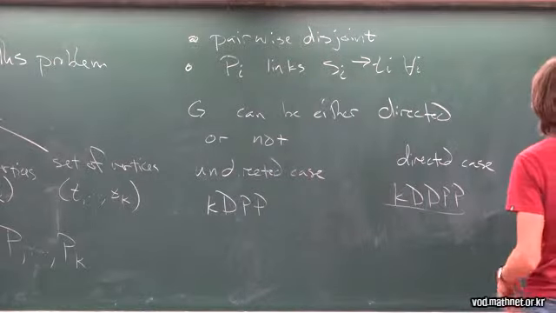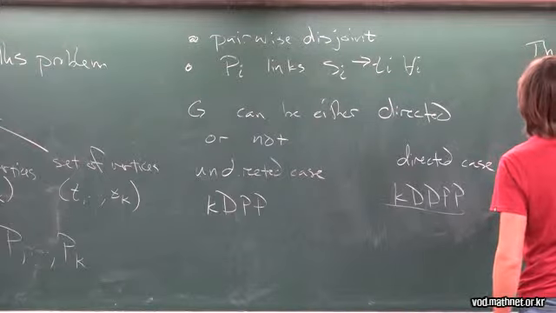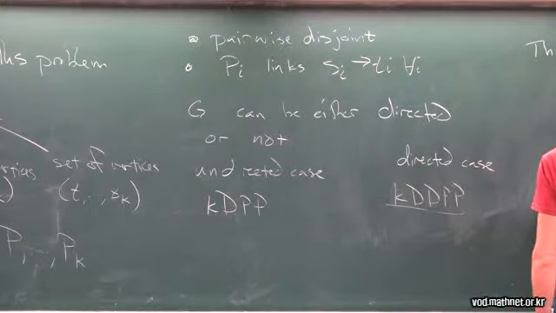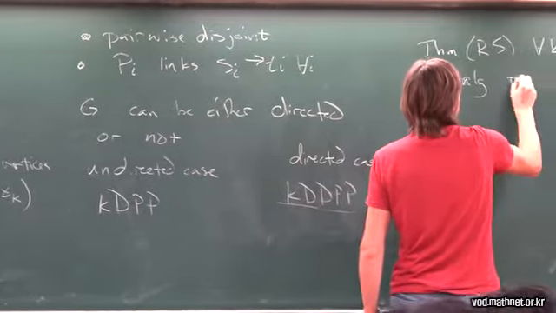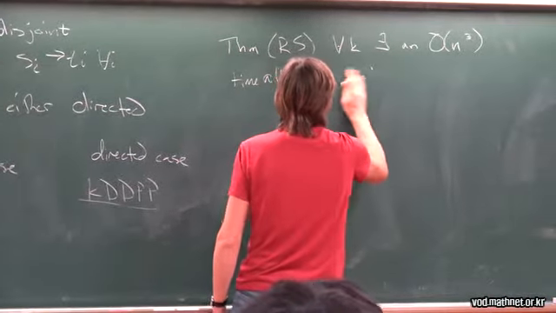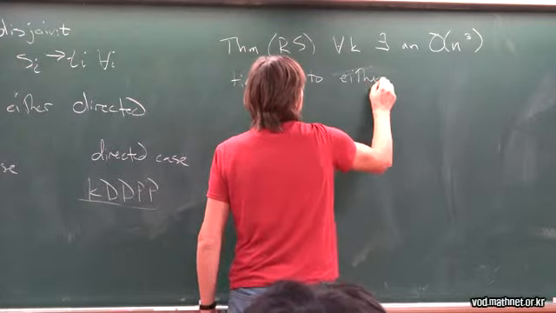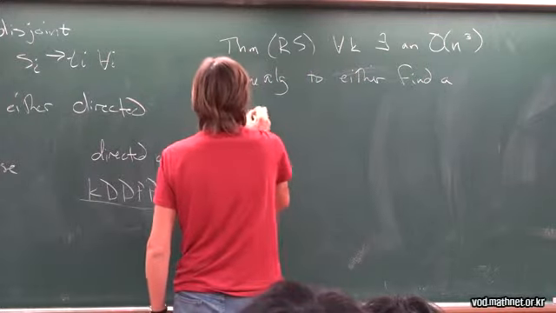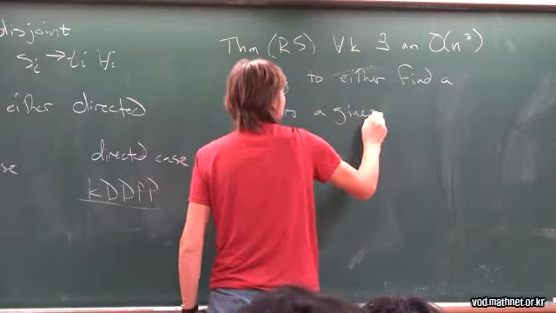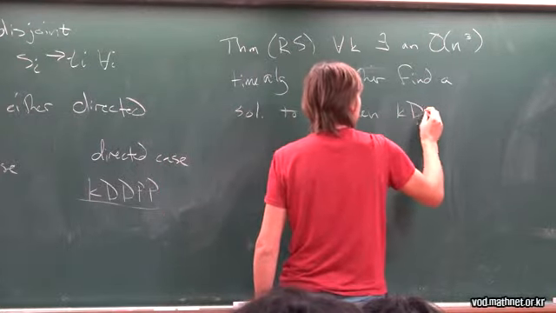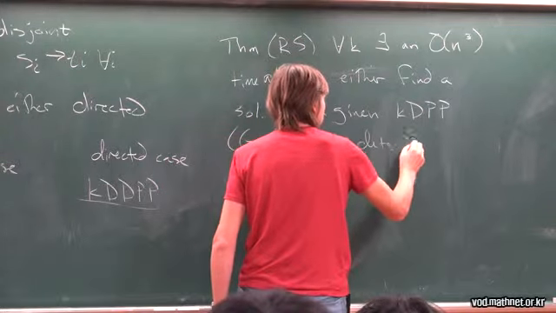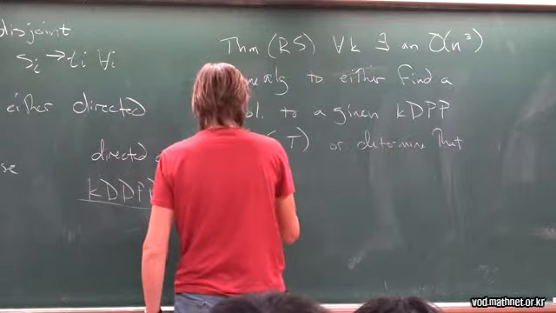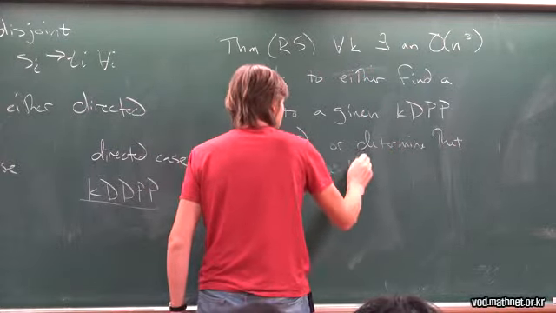Okay. So in the undirected case, it's a theorem of Robertson and Seymour that for all k, there exists an O(n cubed) time algorithm to either find a solution to a given k disjoint paths problem, G, S, T, or determine that it is infeasible.